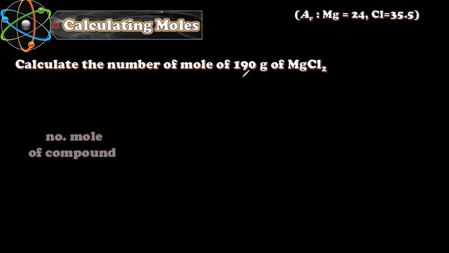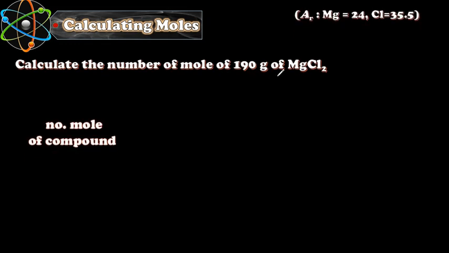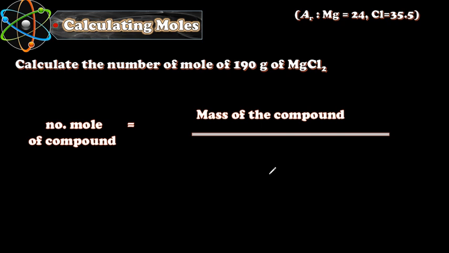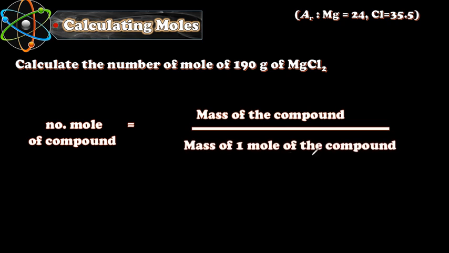Calculate the number of mole of 190 gram of magnesium chloride. So number of mole of compound equals mass of the compound over mass of 1 mole of the compound.